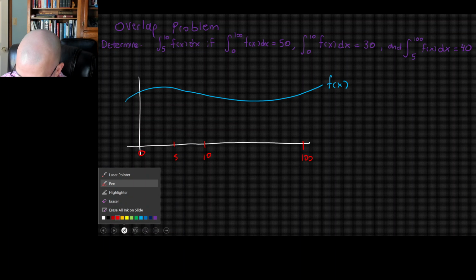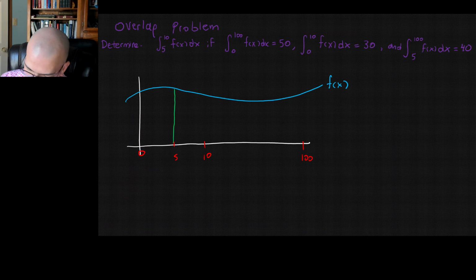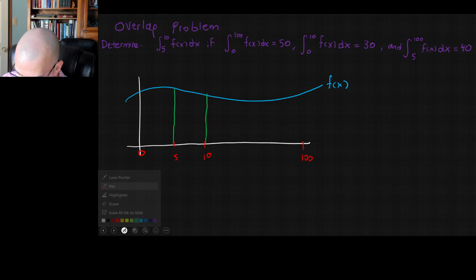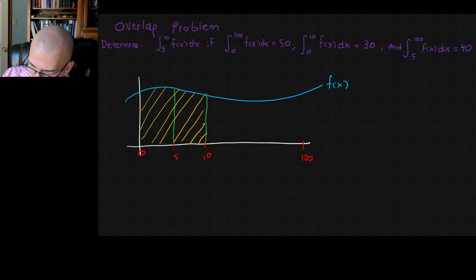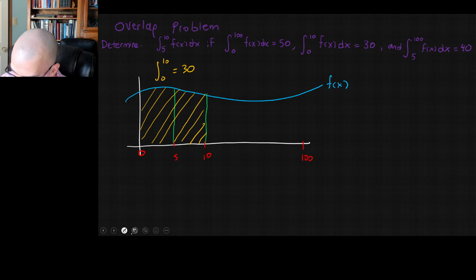Then we can do the following. We can trace this up, and trace this one up, and we have one of these shaded in areas. We have 0 to 10 is this one. So the integral from 0 to 10 is equal to 30. So that much is 30. And we also have an integral from 5 to 100.